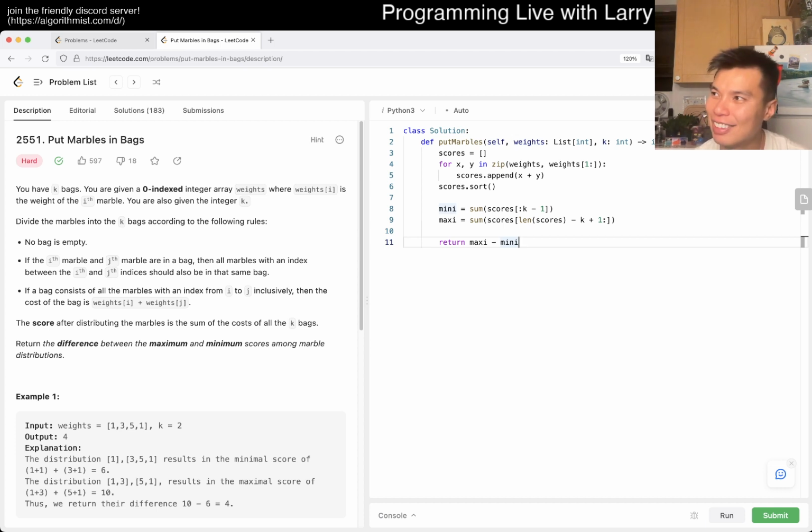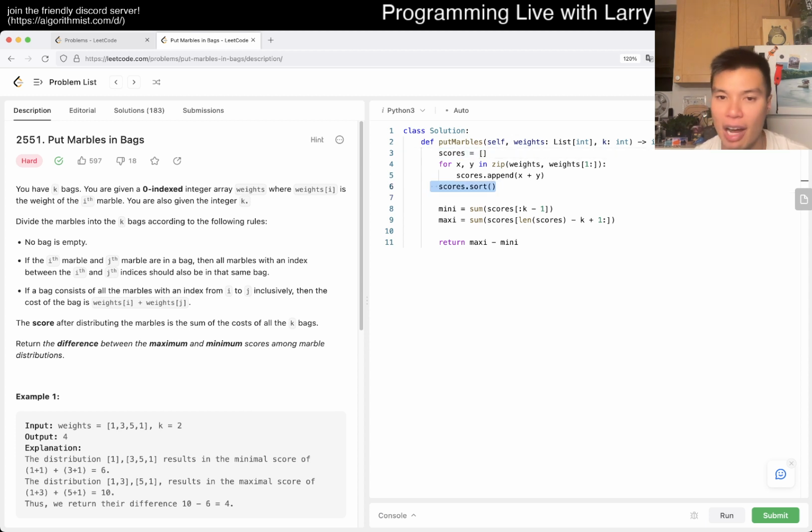Other than -1, like the last element, negative indexing has always been a source of a lot of my bugs, so I don't know why I keep using it, but okay, fine.